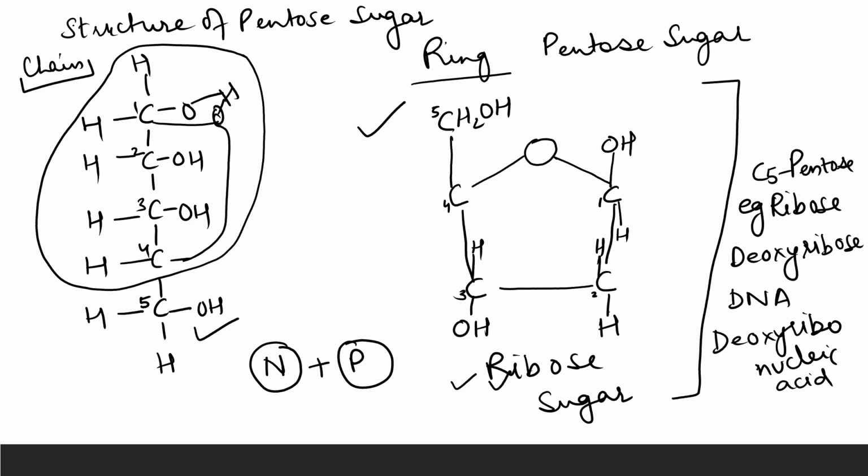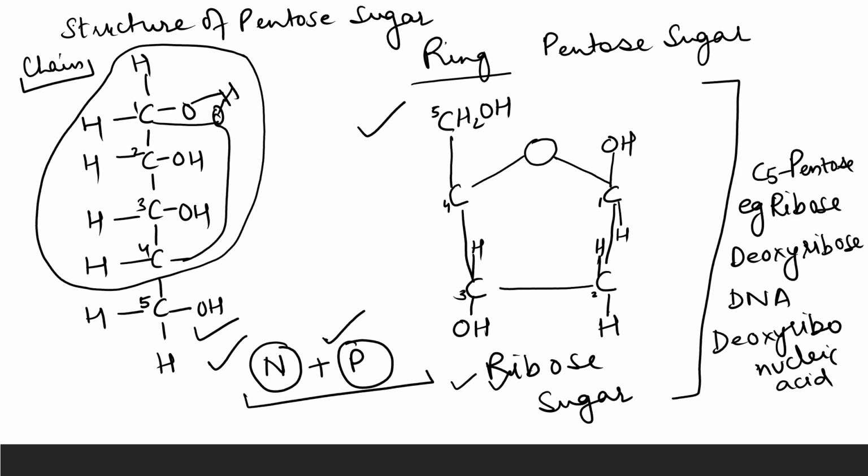Right? Now the next thing, to make the real structure of a nucleotide, we need to join the nitrogenous base, the first thing we talked about, and the second, the pentose sugar, that is deoxyribose sugar. We need to combine these two, right?